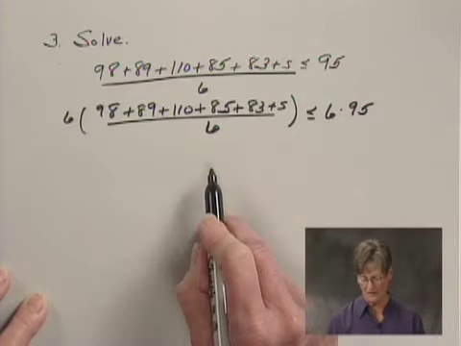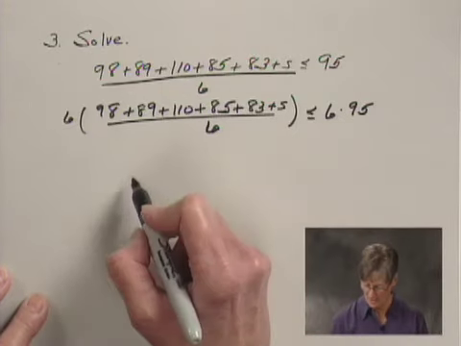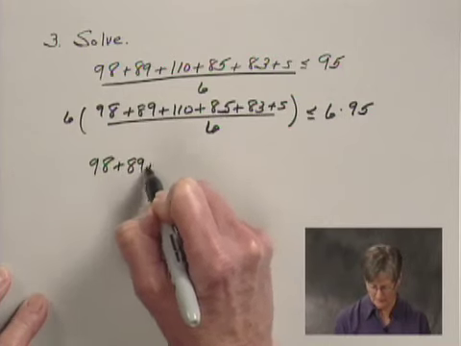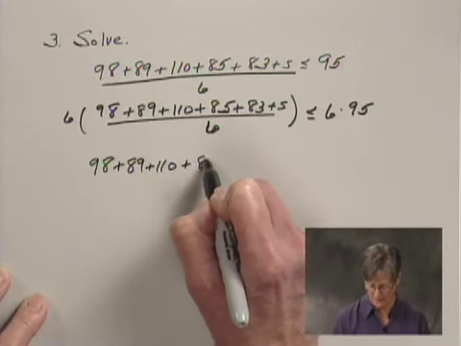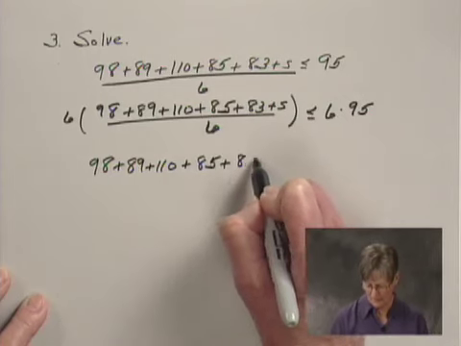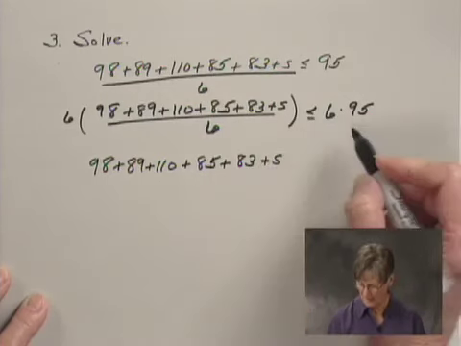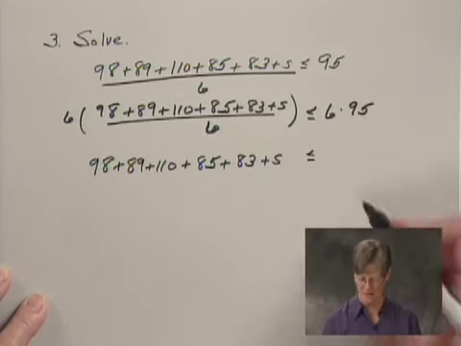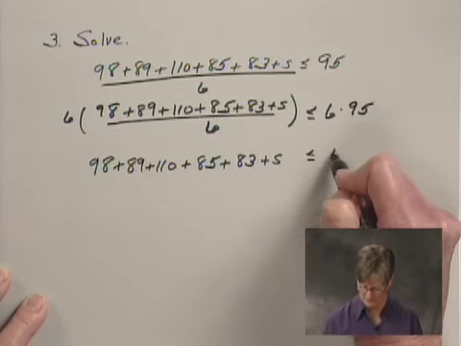When I multiply on the left, I'm just left with the numerator, which is 98 plus 89 plus 110 plus 85 plus 83 plus S, and that is less than or equal to 6 times 95, which is 570.